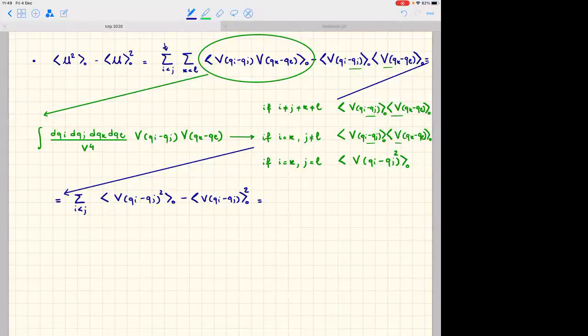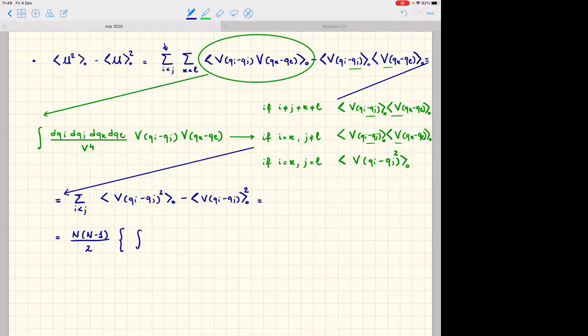And this is equal, if you do the calculation, exactly as before, to n times n minus 1 divided by 2, the number of pairs.